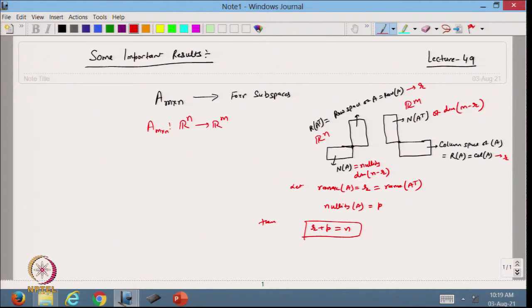Now from here we want to show a very important result.